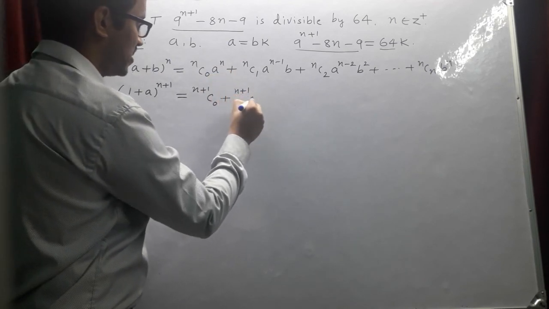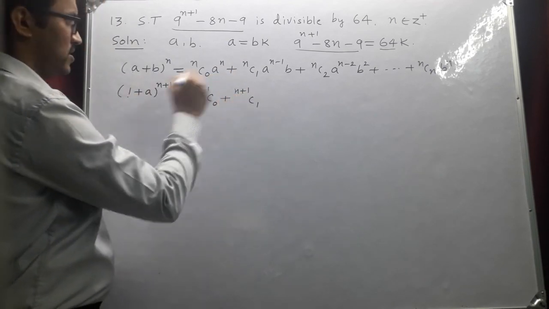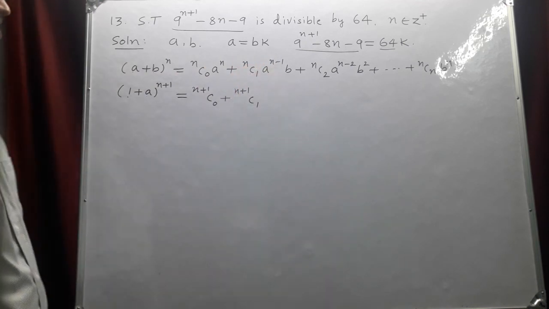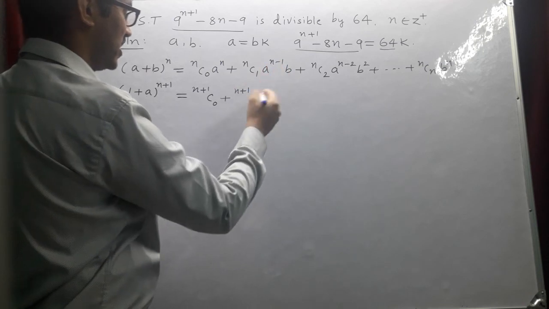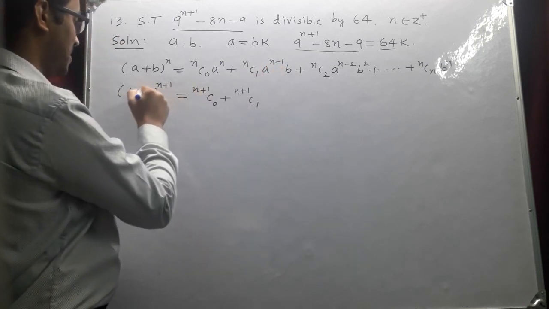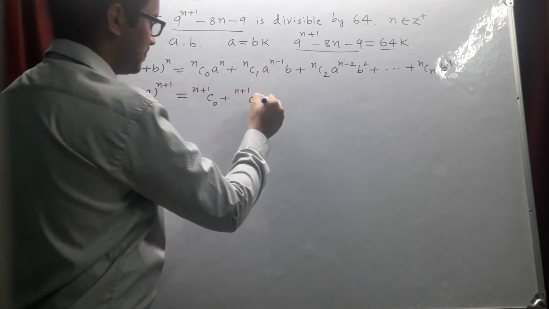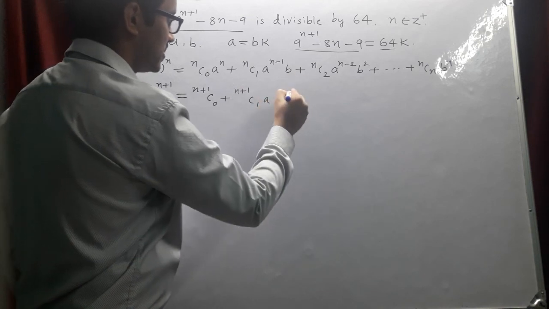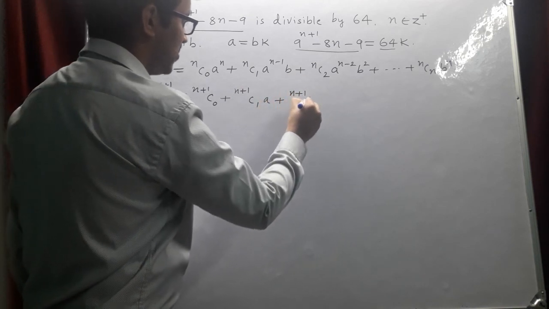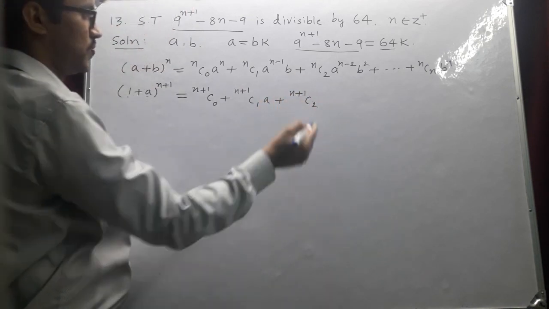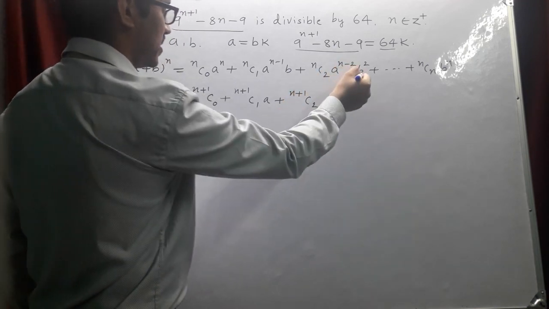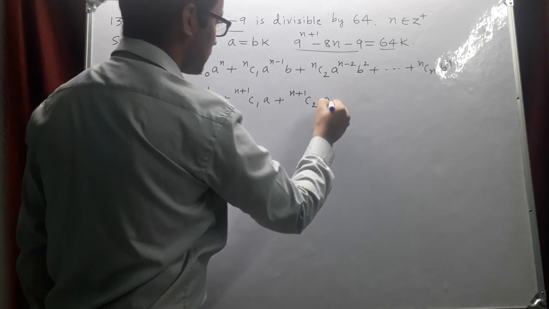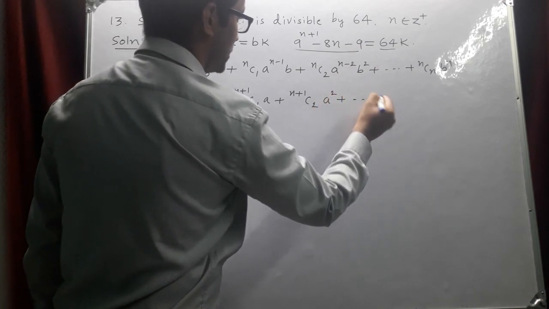So this expansion becomes (n+1)C0 times 1^n, which is 1, plus (n+1)C1, where 1 to any power is 1, into b, which means a, plus (n+1)C2 a^2, plus so on.